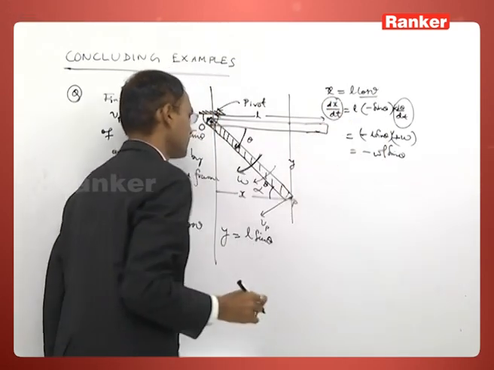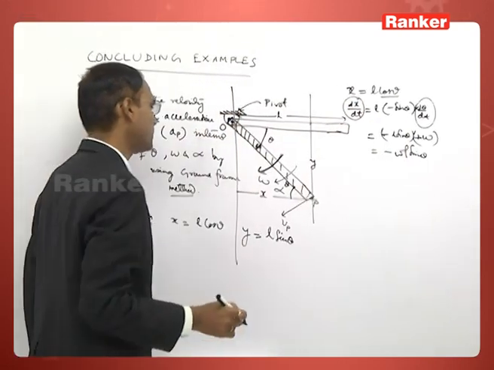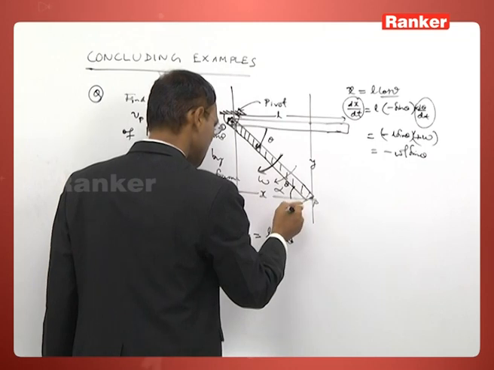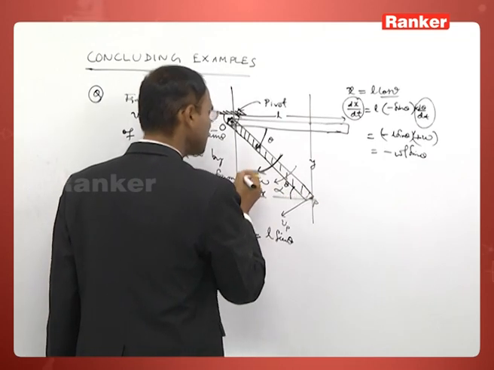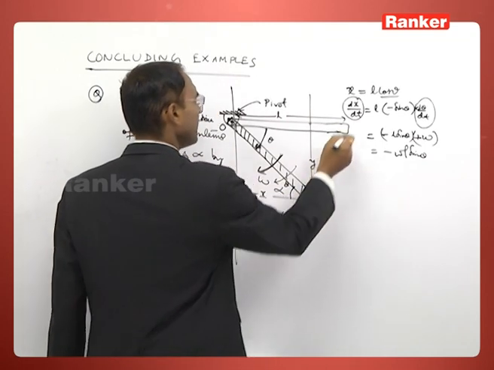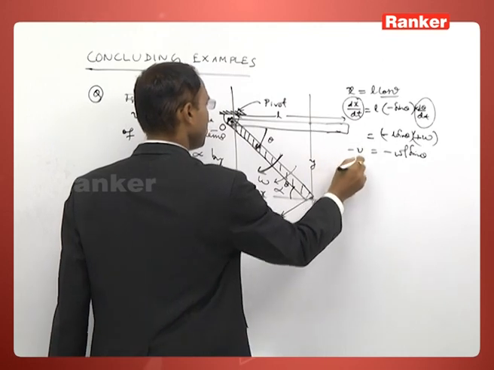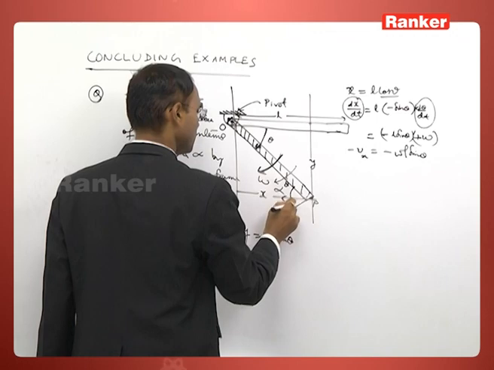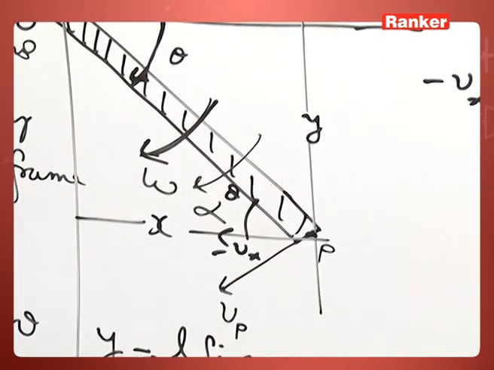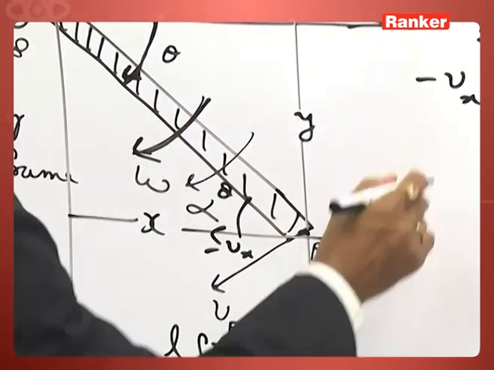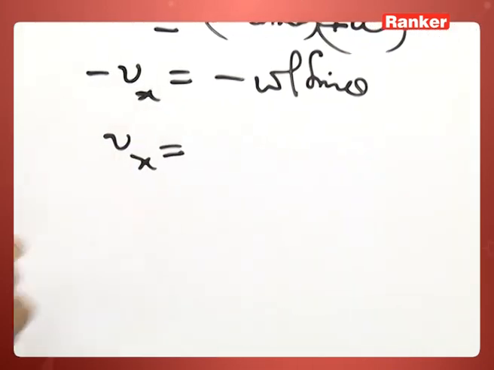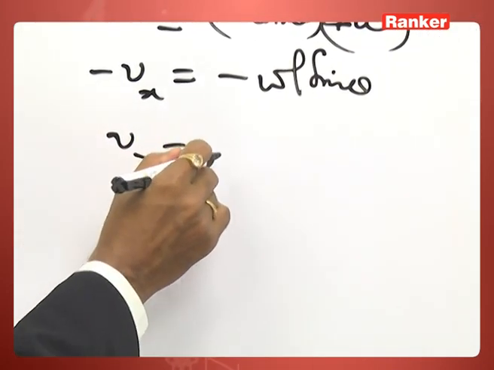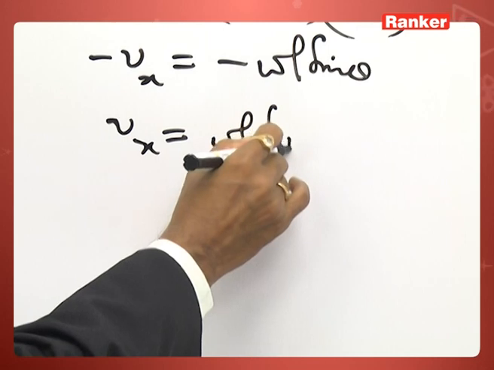This is the velocity. Since x is decreasing, dx by dt can be written as minus Vx, negative direction. Therefore, the x component of the velocity of this point P is equal to omega L sin theta.